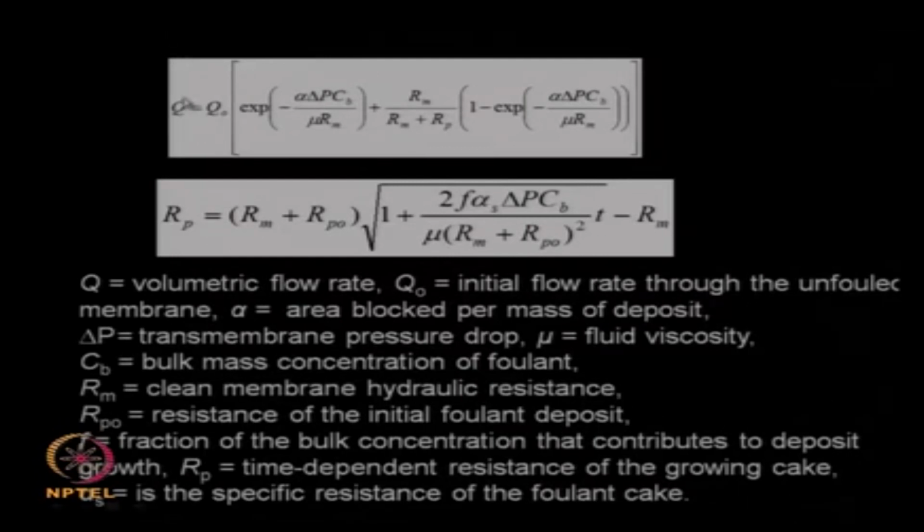So here you have Q equal to the volumetric flow rate, Q naught is the initial volumetric flow rate through the unfouled membrane. There are exponential terms coming here, okay.